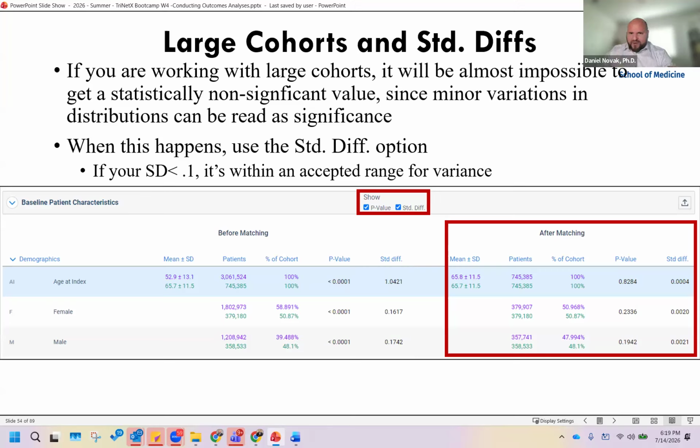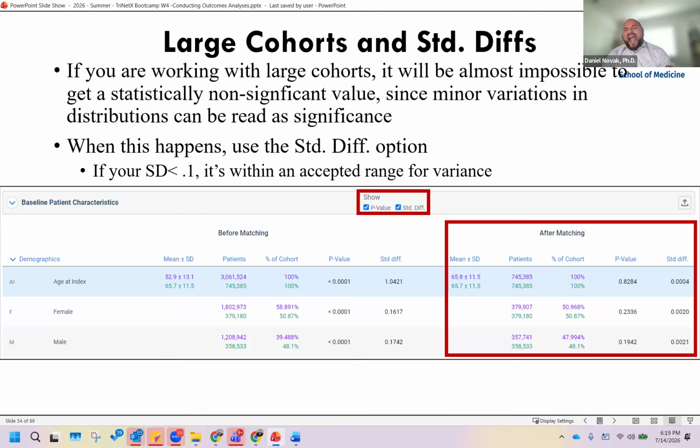One thing I want to point out again is sometimes you can wind up in a situation where even after propensity score matching successfully, your p-value is still statistically significant. Part of that is because very, very large cohorts of people can still be statistically significant, even with very small differences between them, just the way the math works out.